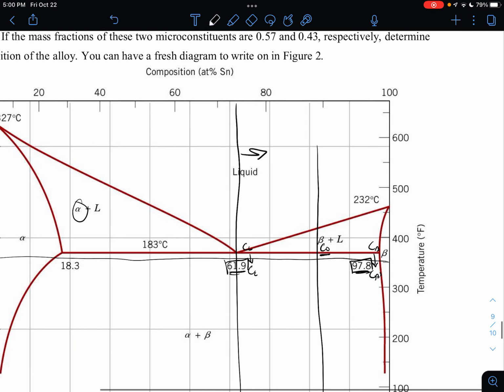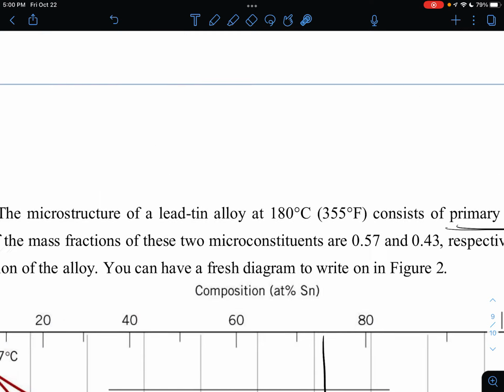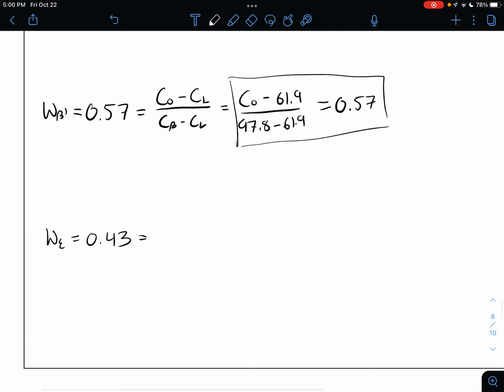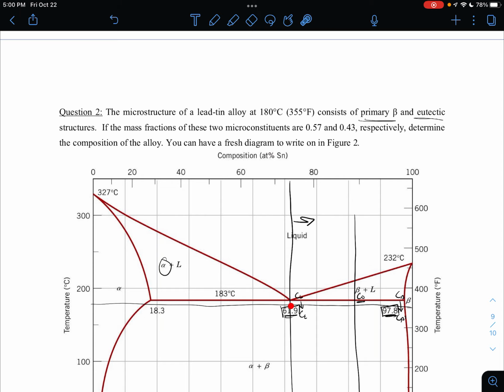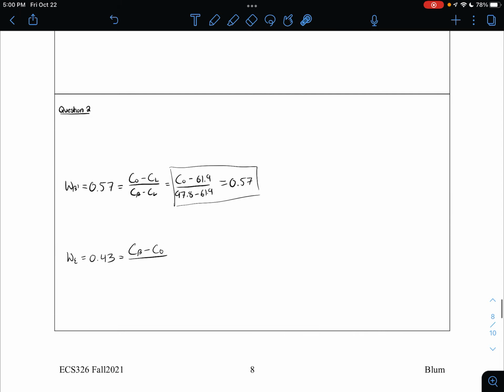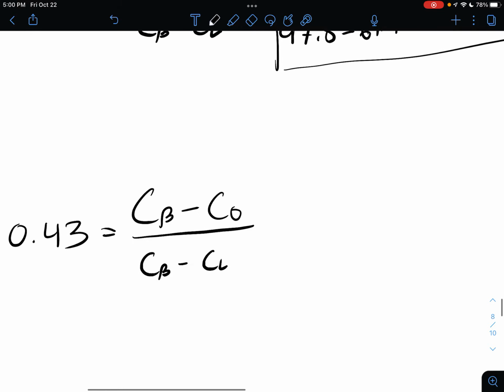Since we're looking at the liquid side, it intersects over here, so we're going to go opposite side. So that's going to be C beta minus C0, all over the whole length of the line, C beta minus CL.